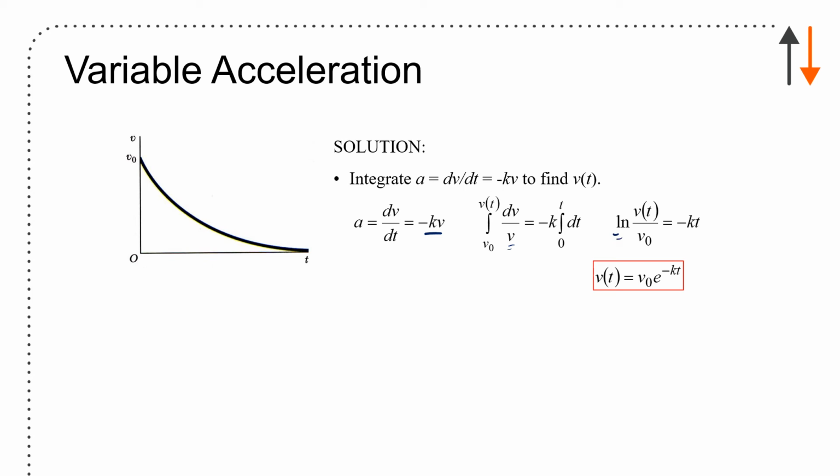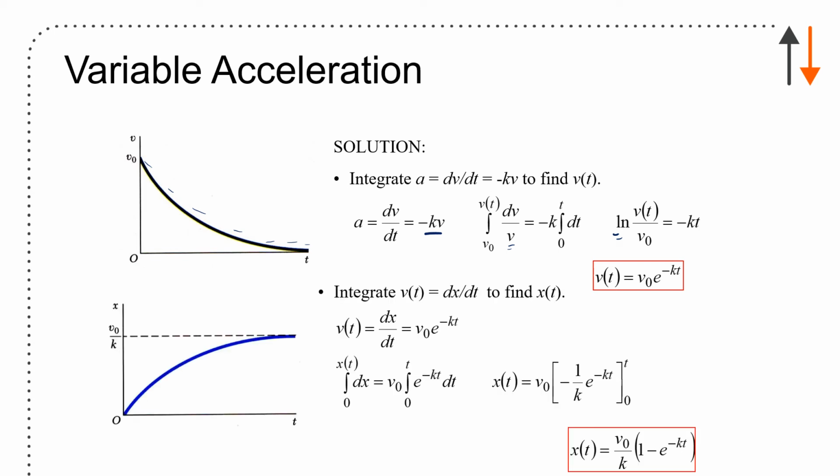So I'm going to have ln from v0 to v(t), ln of v(t) over v0, using the subtraction relationship for lns. And this is from 0 to t, so it ends up being minus kt. So v(t) becomes v0 e to the minus kt. It's decelerating and asymptotically approaching 0 with increasing time.